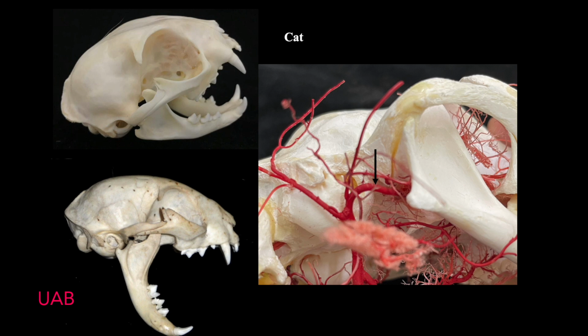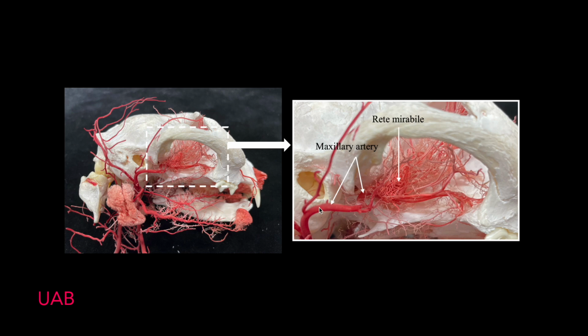However, in the cat, remember that the maxillary artery gives rise to the rete mirabile, and arteries from the rete mirabile enter the cranial cavity, giving rise to the internal carotid artery.